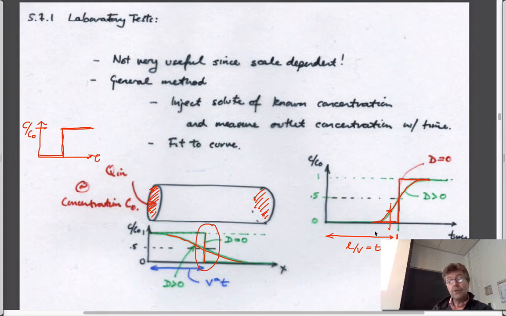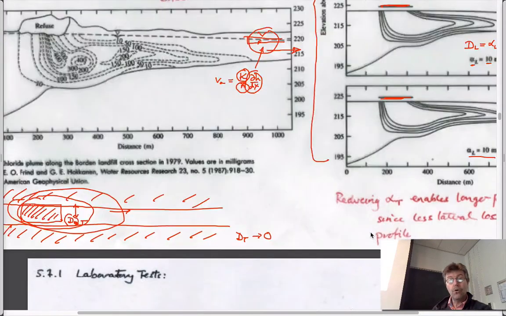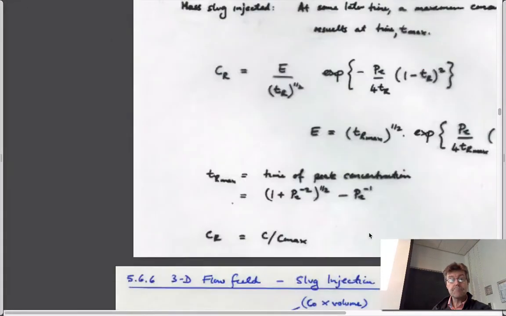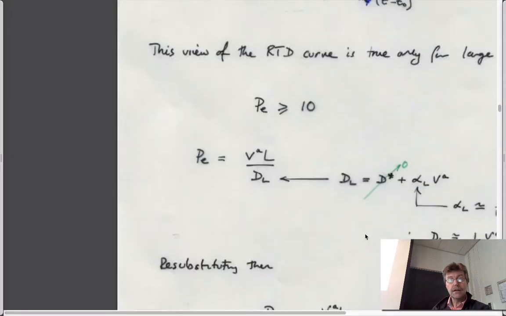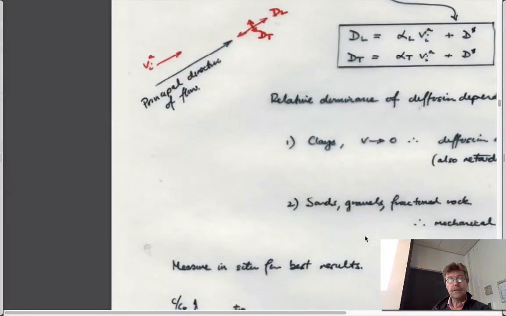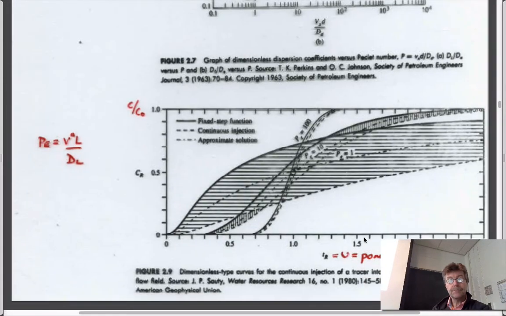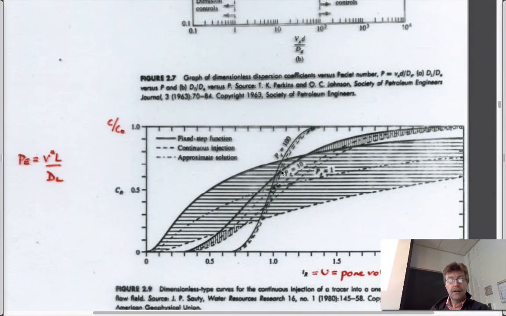So presumably what we could do is take those relationships that we plotted up last time to look at the distribution of the breakthroughs, which were shown, I guess I'm going back a long time, but these expressions here. We know that Peclet number equals infinity would be this one.